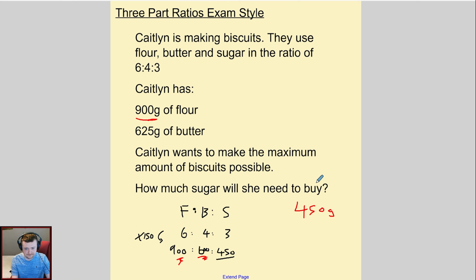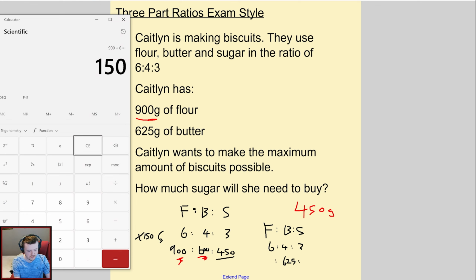I say, okay, if instead of doing this, I said, right, let's use the butter instead. So I'm going to say, okay, F to B to S is 6 to 4 to 3. And so instead it's become 625 to something, which we don't know.